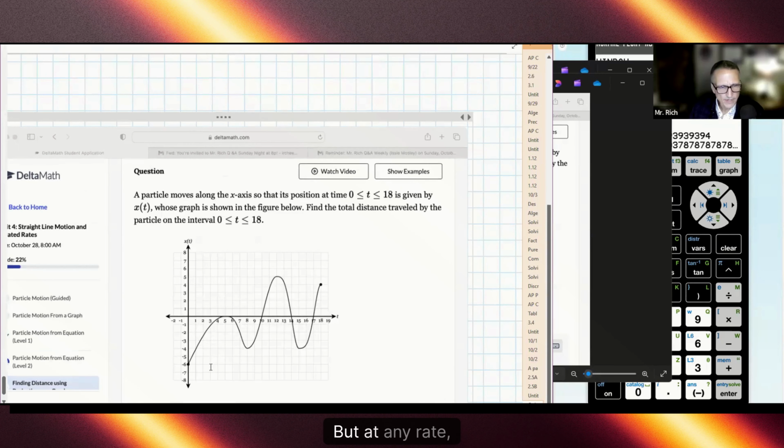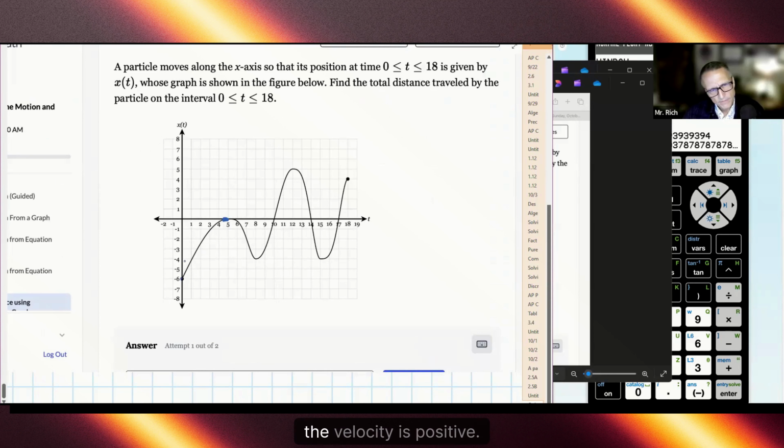But at any rate, this is position. So what we have to do is, from here to here, the velocity is positive. So it's moving in the right direction, from a position of -6 to 0. So it moves 6 units right there. Then it looks like it changes directions, right?